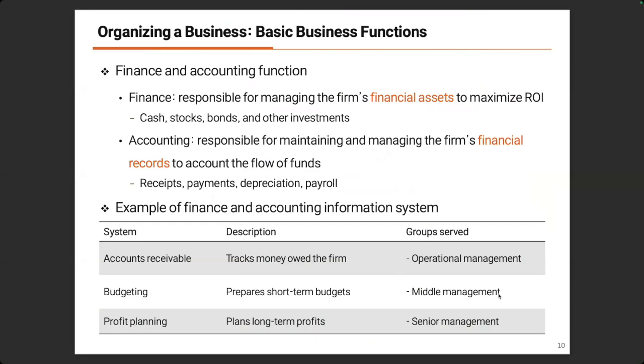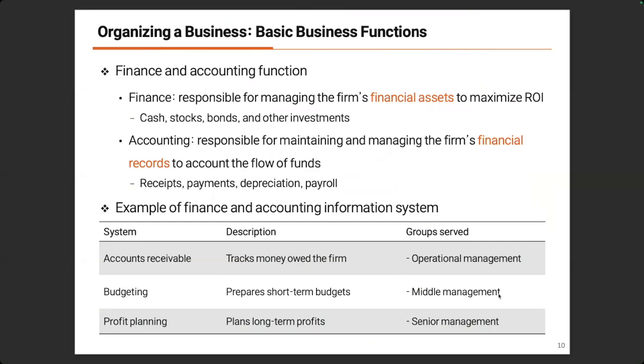The financial records include receipts, payments, depreciations, and payroll. So these two functions share some related problems: how to keep track of the firm's financial assets, financial records, or fund flows, what the current status of financial assets is, and what records exist for receipts, payments, depreciations, and payables.